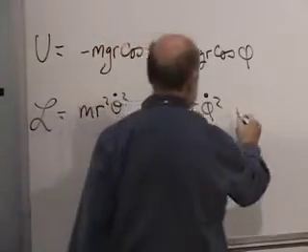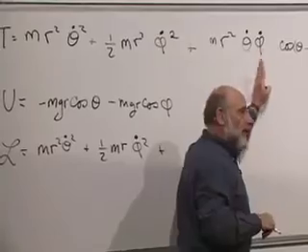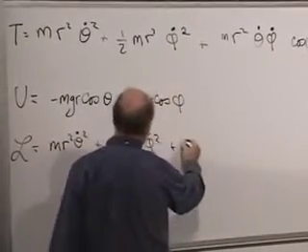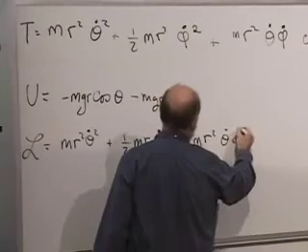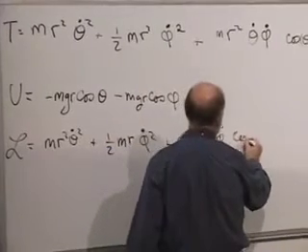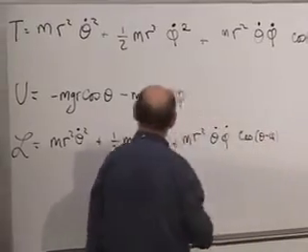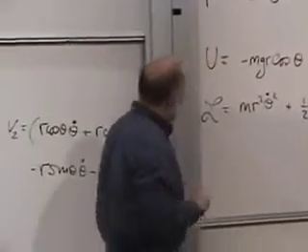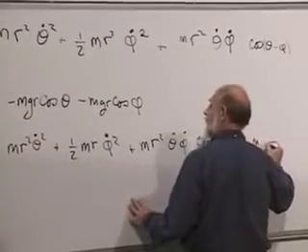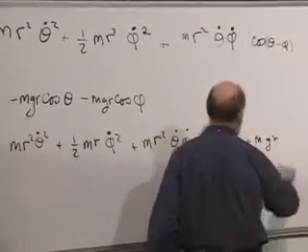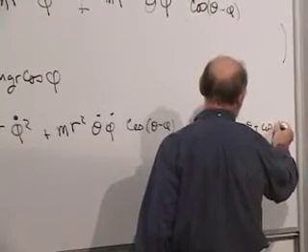Then we have this extremely odd cross term, which multiplies theta dot times phi dot, m r squared theta dot phi dot times cosine of theta minus phi. Then we have to subtract U, so that gives us plus m g r cosine of theta plus cosine of phi.